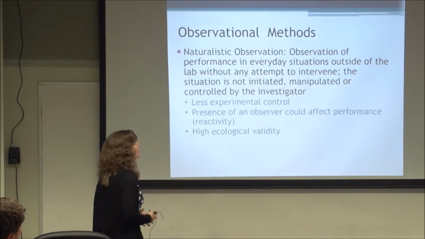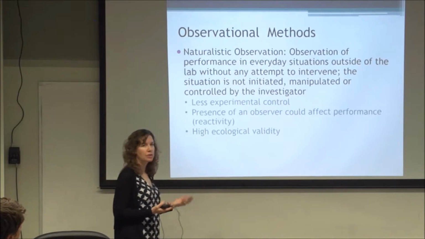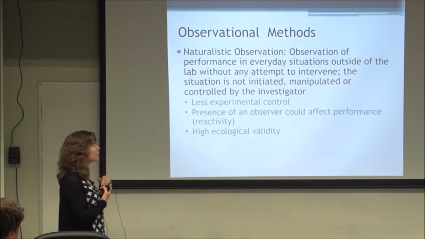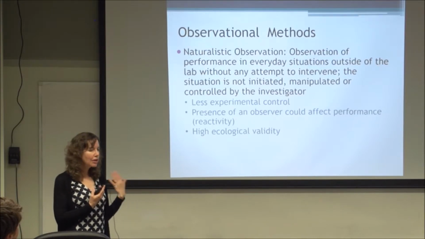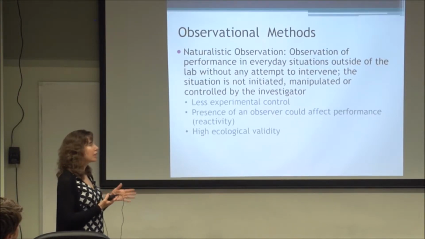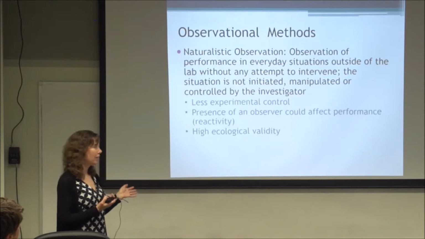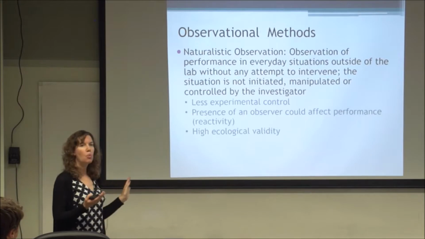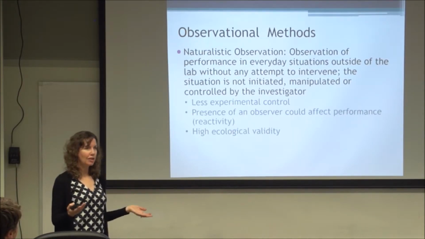Another type of method that we can use is naturalistic observation. So here, we're just going to observe people in their everyday setting. We're not going to attempt to intervene in any way. We're not going to manipulate anything. We're not going to control anything. We're just going to watch people as they interact.